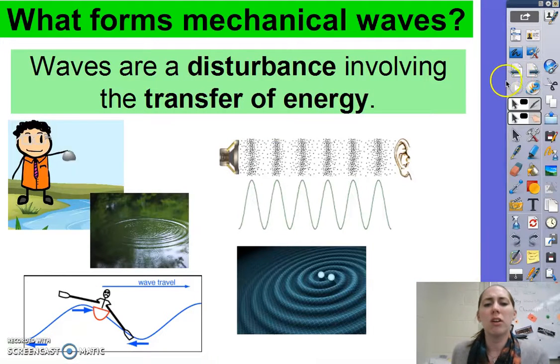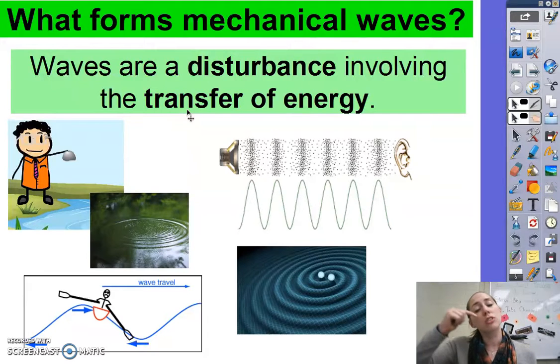So what forms mechanical waves? Waves are simply a disturbance that involves the transfer of energy. When I am speaking, my vocal cords are disturbing the air in my throat and vibrating it, which is disturbing all the other air, which is then traveling to you. Or imagine that I'm standing by a pond with a rock, and I drop the rock into the surface of the pond.